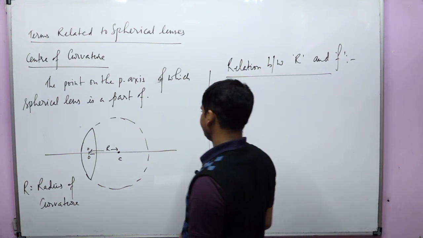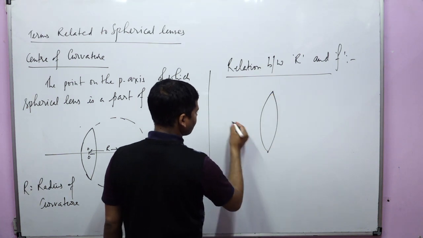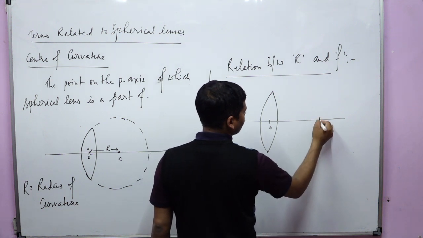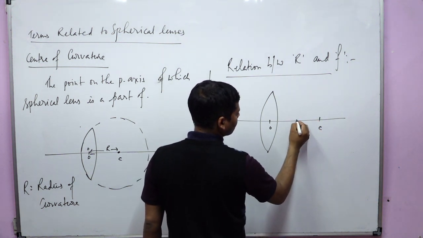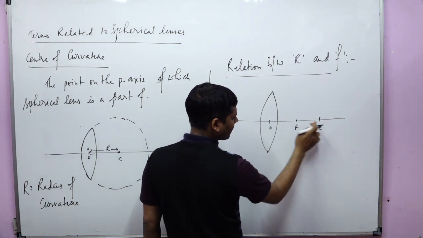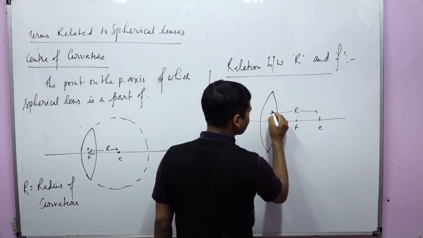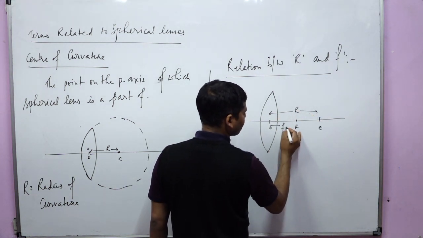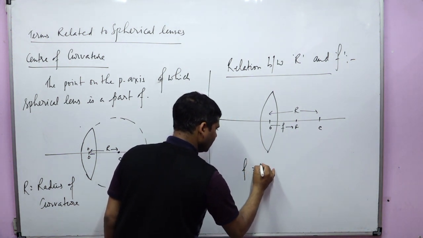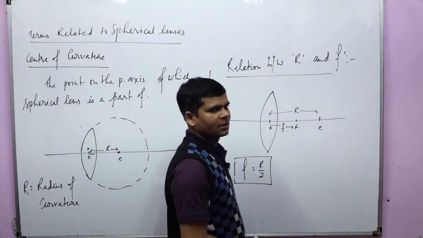Always remember that in case of a biconvex lens, the focus will always be at the center between the O and C. So if this one is R, the radius of curvature, then this one is the focal length. In other words, focal length is always half of the radius of curvature.